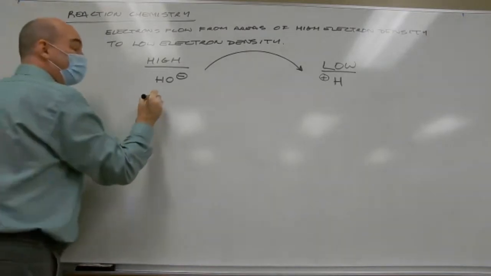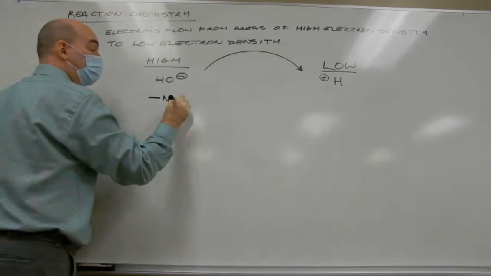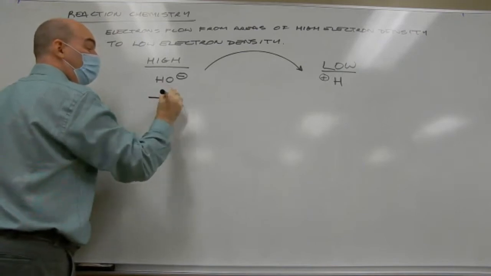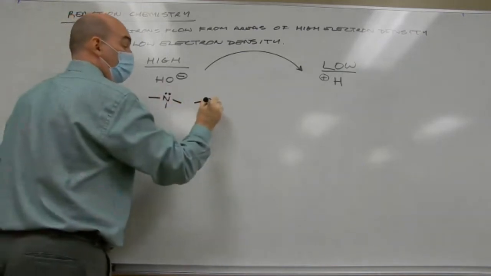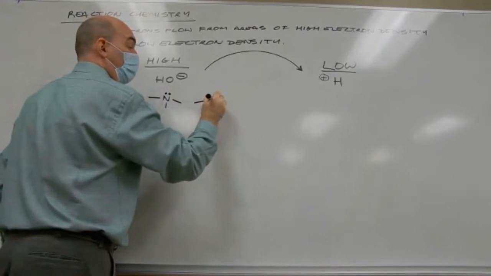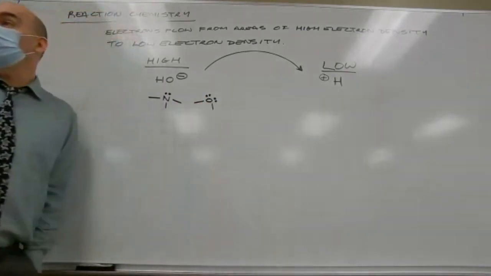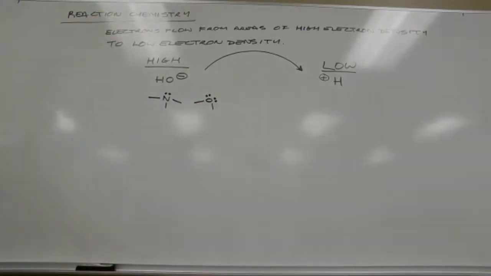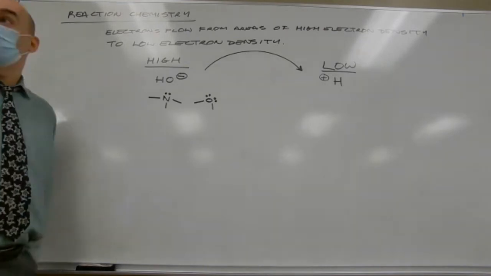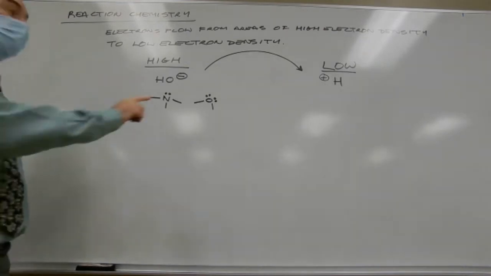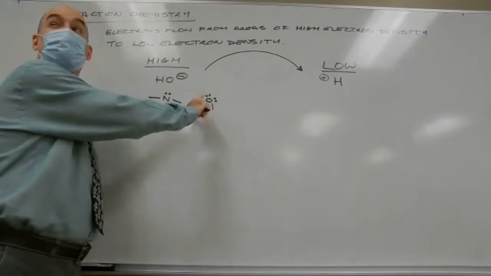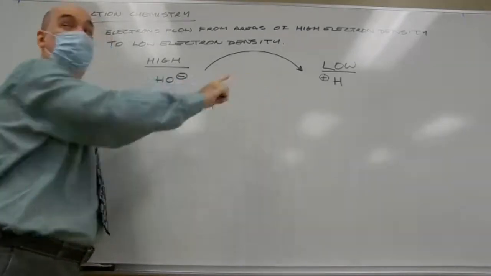So anything from the right-hand side of the periodic table, your nitrogens and your oxygens, sulfurs, things that have lone pairs of electrons. This is where the reaction is likely to come from.